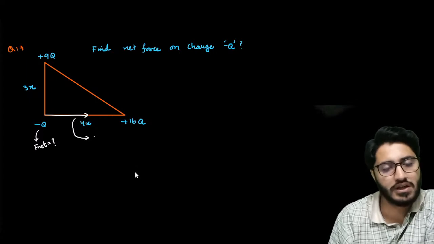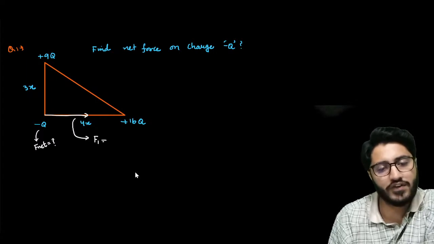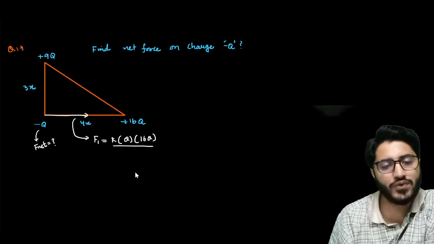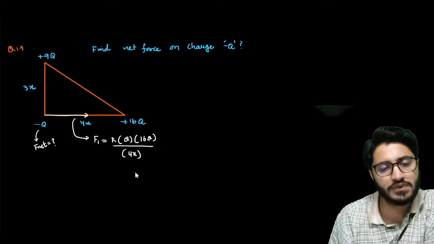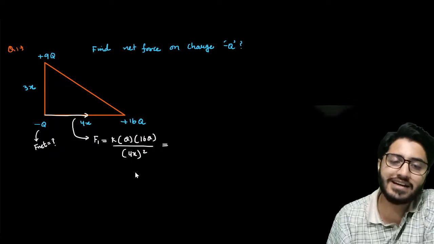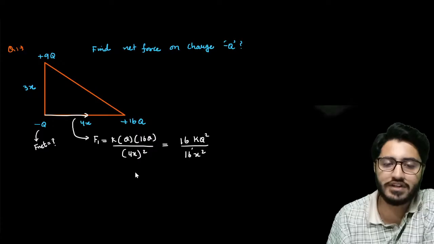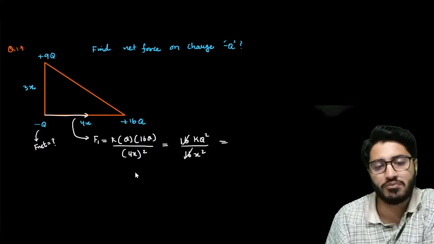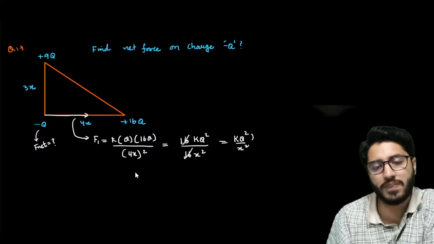This force F1 is equal to K Q1 Q2 by R square, where Q1 is Q, Q2 is 16Q, and R square is 4x square. Can I write it like 16K Q square divided by 16x square? 16 cancels out. My answer is K Q square by x square.